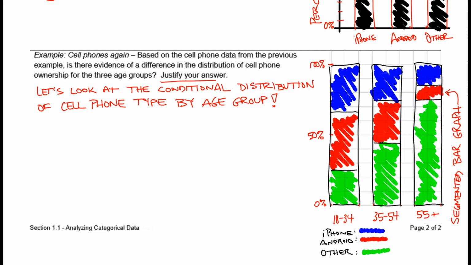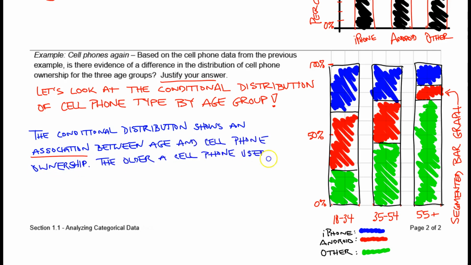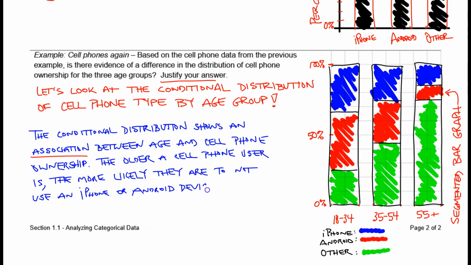Okay, so what does the picture tell us? Well, you've probably heard me say this before. A picture's worth 1,000 words, and this is what jumps out at me when I take a look at this picture. So a couple different conclusions we could say here.